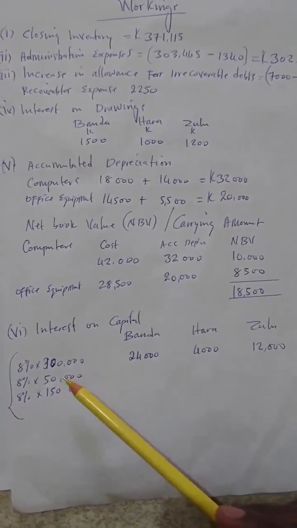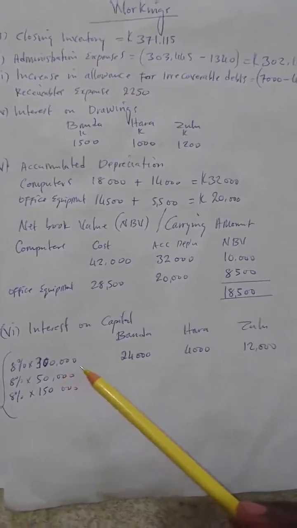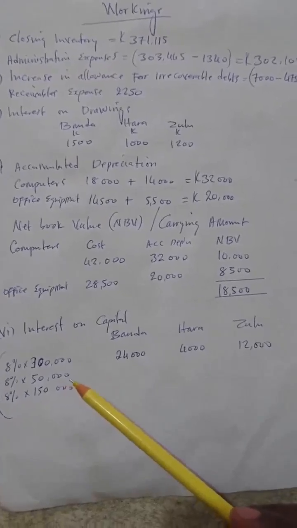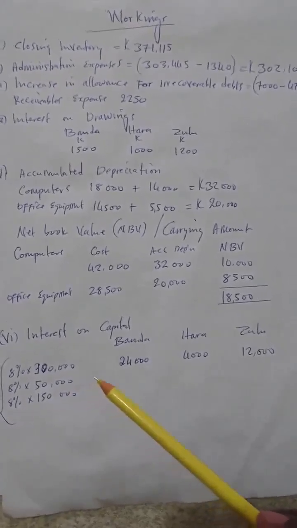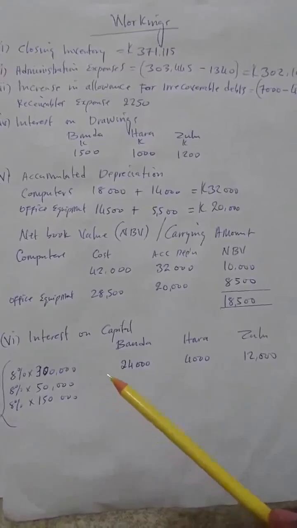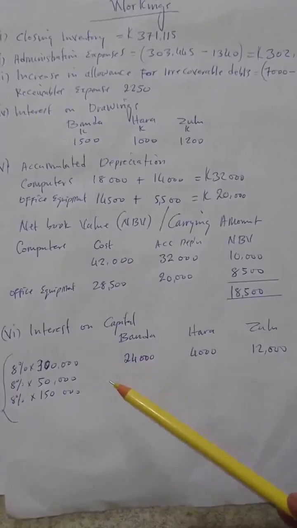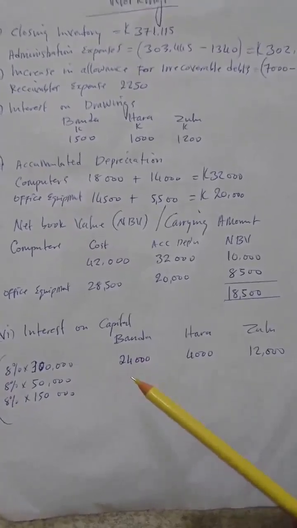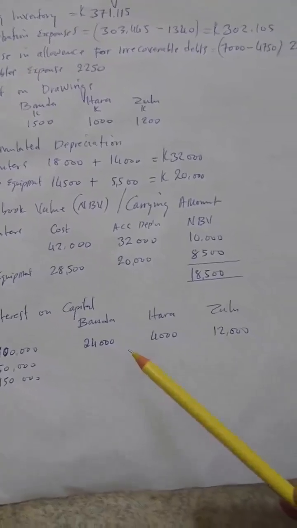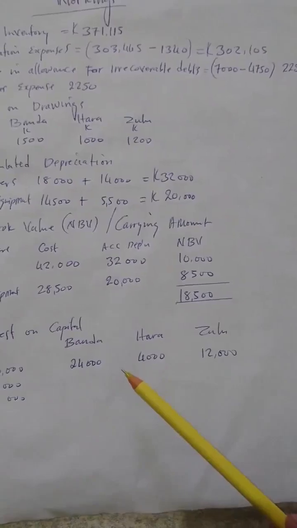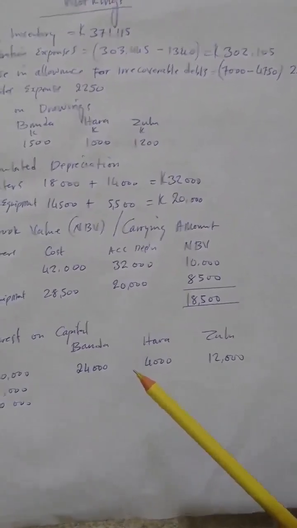This interest on capital appears in the current accounts, indicating the gain. It's credited. Anything credited in the current account indicates the gain by each partner. So we'll come to that, you'll see what I mean when we work out the current account.